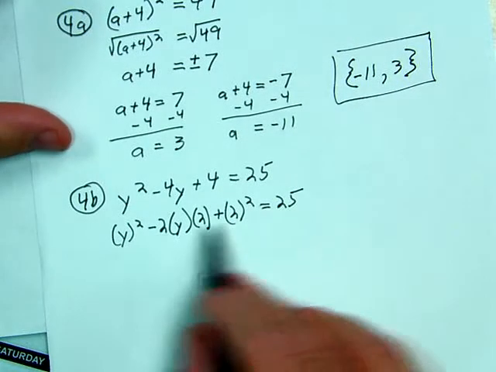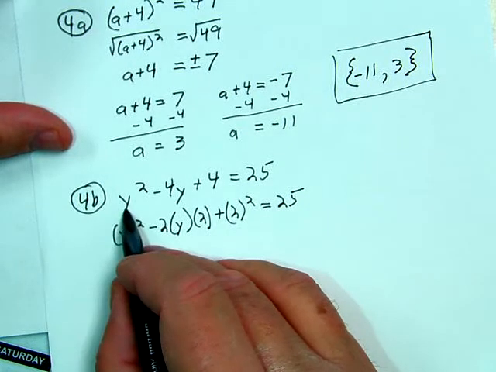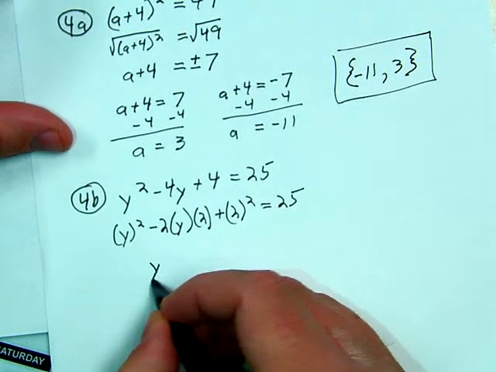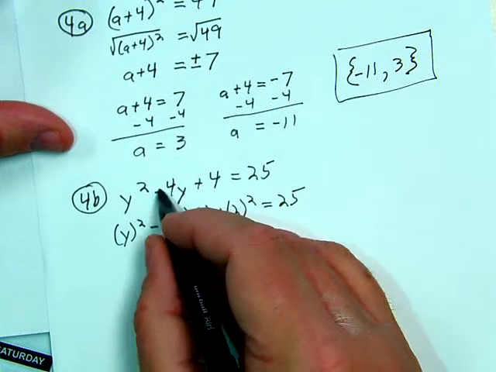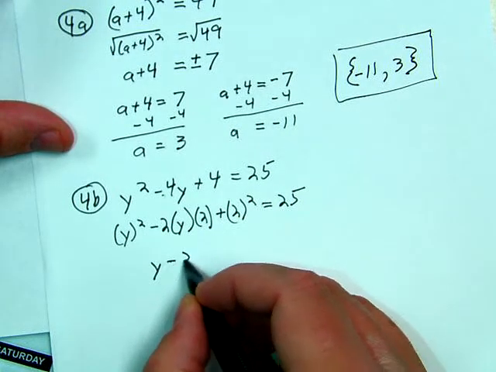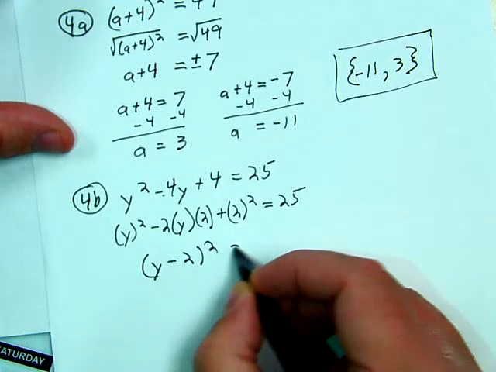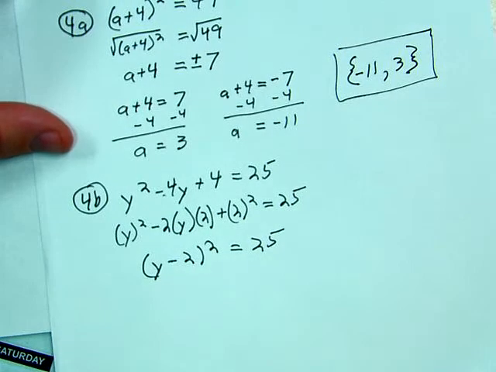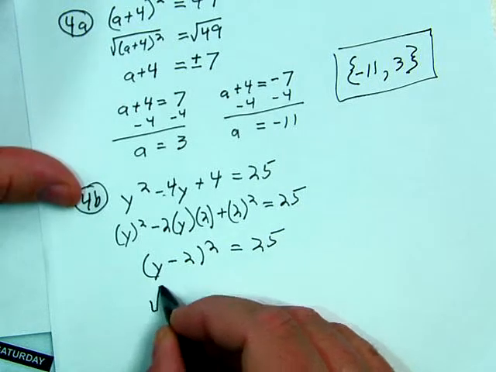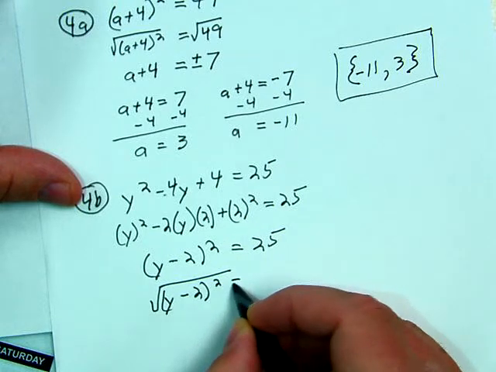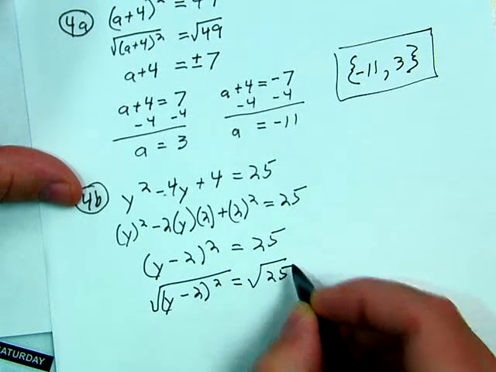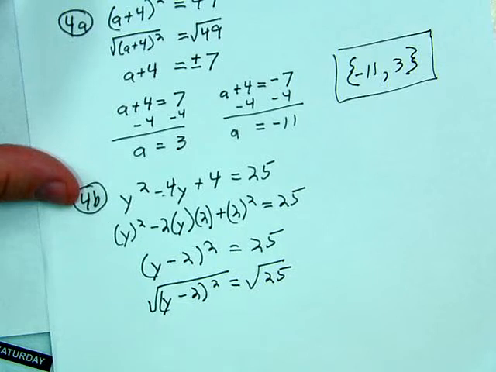Since this is a perfect square trinomial, I can take the first value, y, the last value, 2, put the sign that's in front of the middle term, minus, so y minus 2, squared, equals 25. Now you can see how the square root is going to come into play. I take the square root on both sides of my equation.